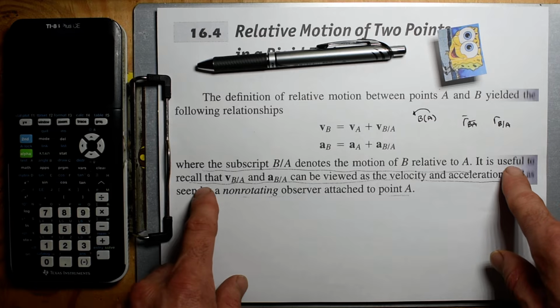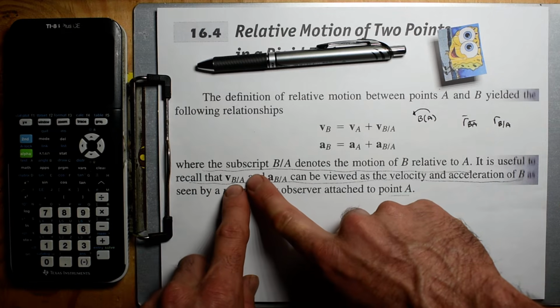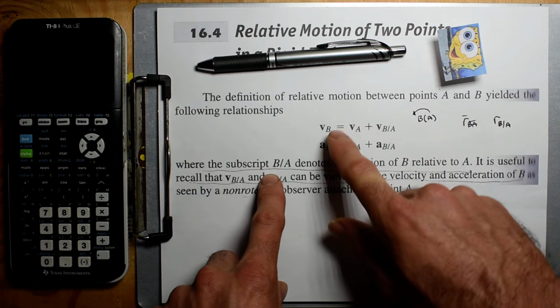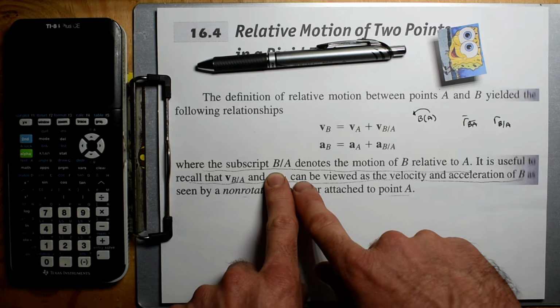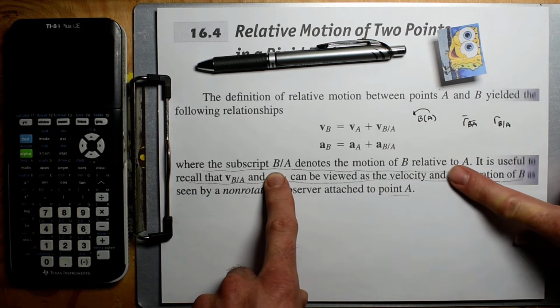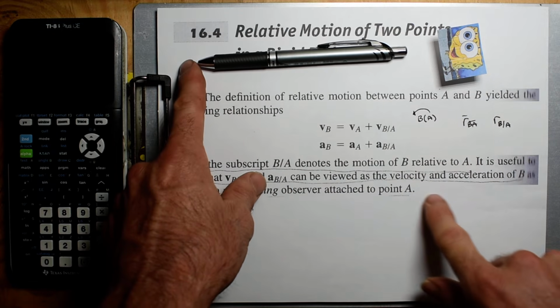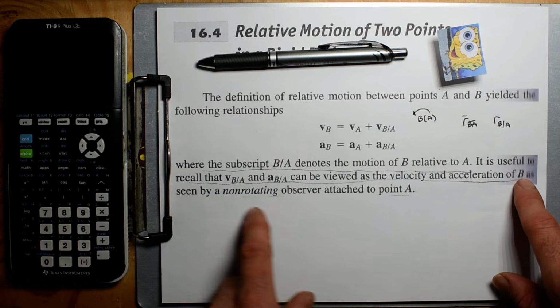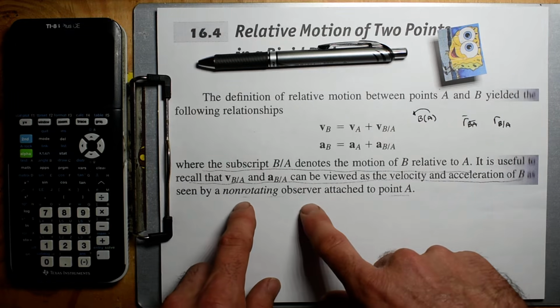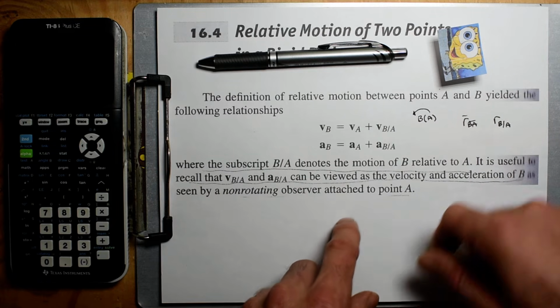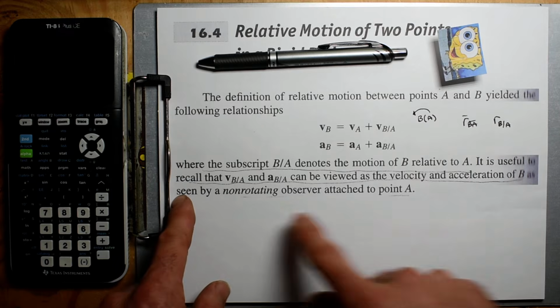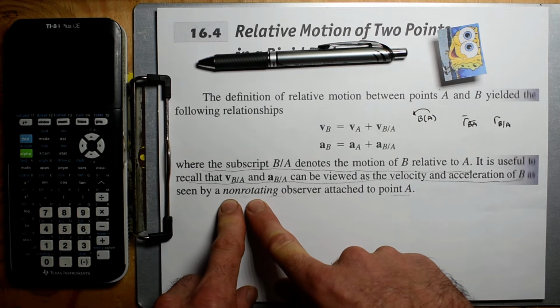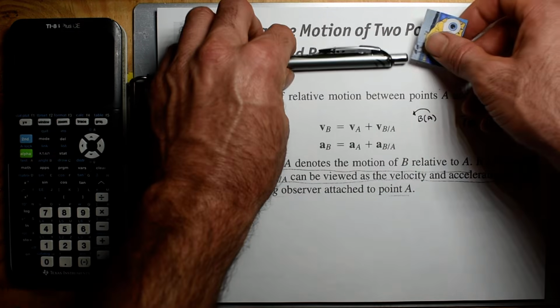It is useful to recall that the velocity of B as seen from A, it's same for acceleration, but can be viewed as the velocity of B as seen by a non-rotating observer attached to point A. So there it is. Seen by a non-rotating observer attached to point A.